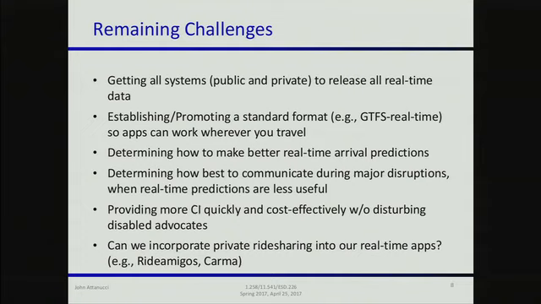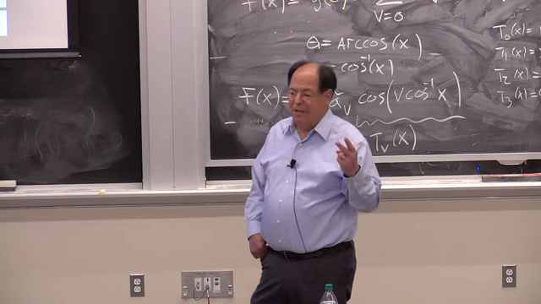The standard format for the schedule data is pretty much established, the General Transit Feed Specification, but GTFS real-time is not that well established. Most cities that provide real-time data to the public do it this way, but they sometimes do it in a different way. So actually MBTA has two formats.